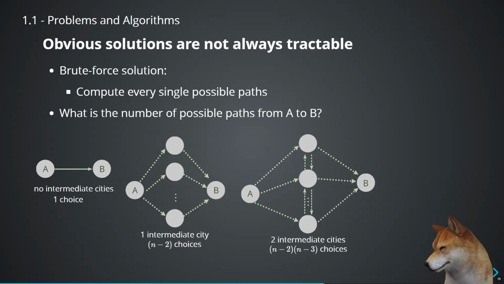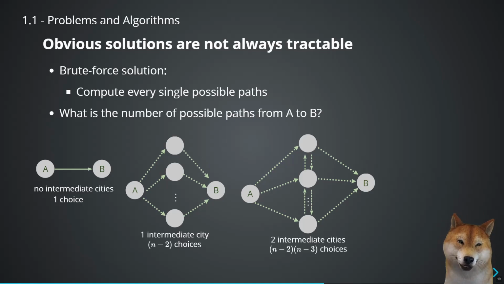And let's think about how to solve this using brute force. If you want to go from A to B with no intermediate cities, there's one possibility. That's one possible path: you just go straight from A to B. You can also go from A to B by jumping to one city in the middle. How many choices do you have in that case? You have n minus 2 choices.